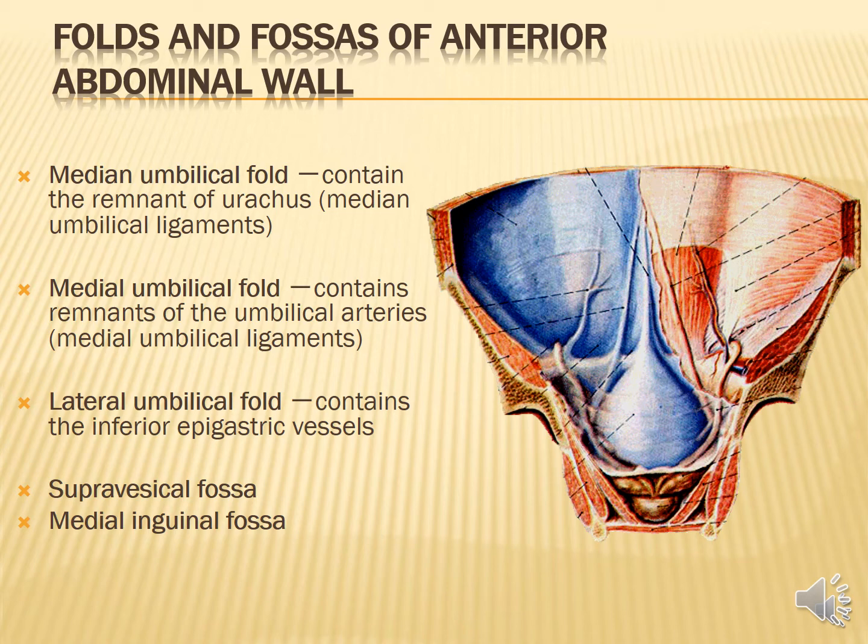If we go more laterally, then we have the medial inguinal fossa, in between the medial and the lateral umbilical fold, and more lateral to it we have the lateral inguinal fossa, which is present lateral to the lateral umbilical fold. So these are the folds and fossae of anterior abdominal wall.